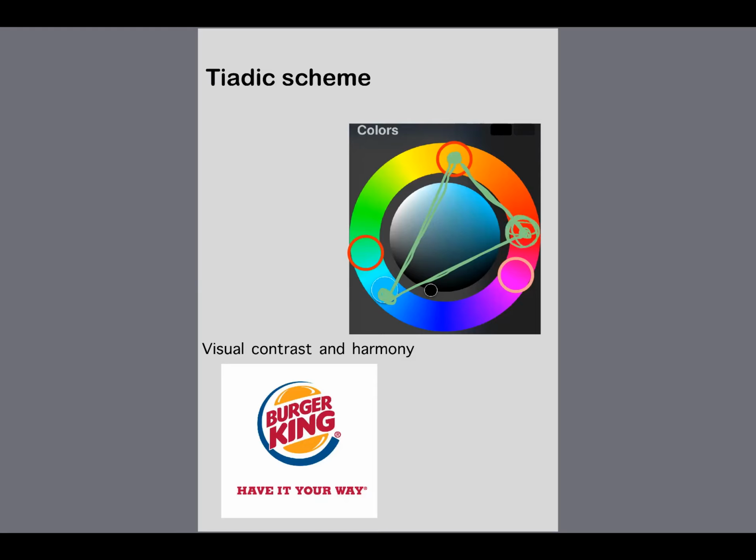And the dominant color is red. See, they made one dominant color which had to occupy most of the image, and they made it in a bigger size in the text, which is the logo. See how big it is? So this color is dominant here. Then we have yellow and blue.